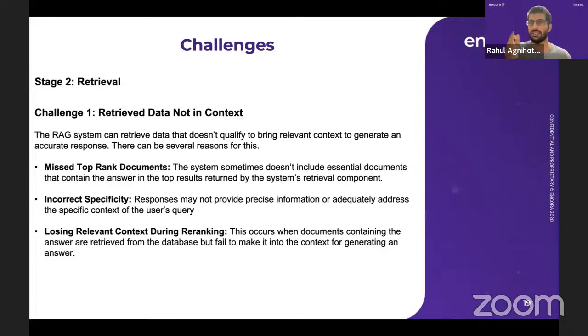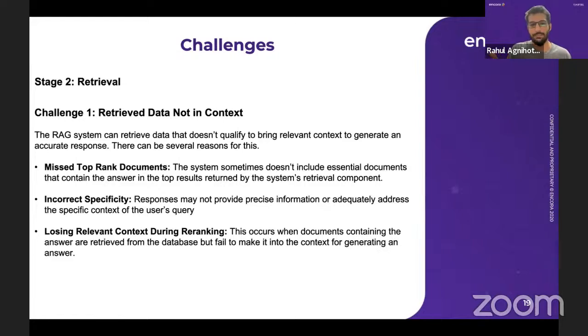It's not there in one, but maybe across multiple, and depending on your search strategy, you missed a few of them. That's what incorrect specificity is. Responses may not provide the precise information or adequately address the specific context of the user. So you actually miss some of the context. You don't have the right information or the complete information.